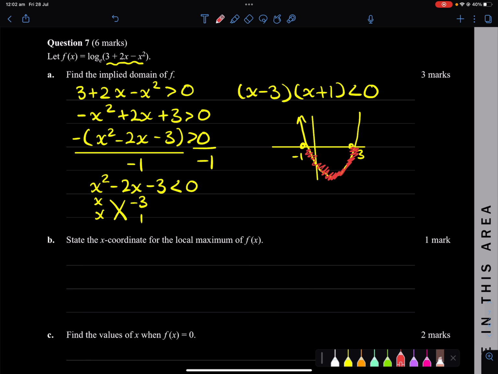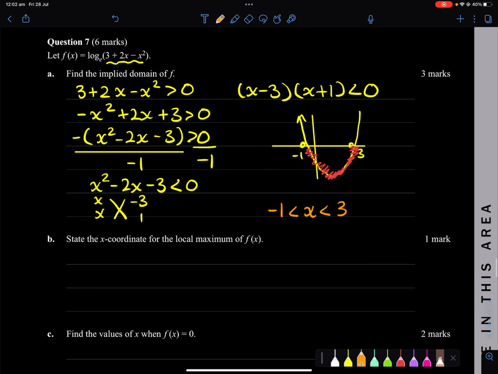Let's write it as x is between, just not equal, so x is between negative 1 and 3. That's your answer. You can write it as this. There we go.